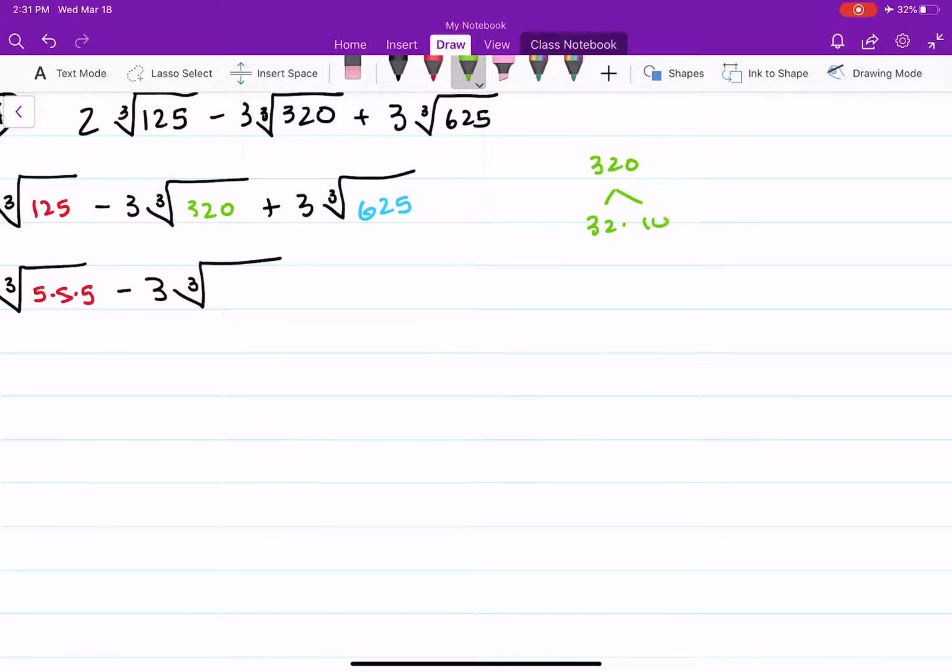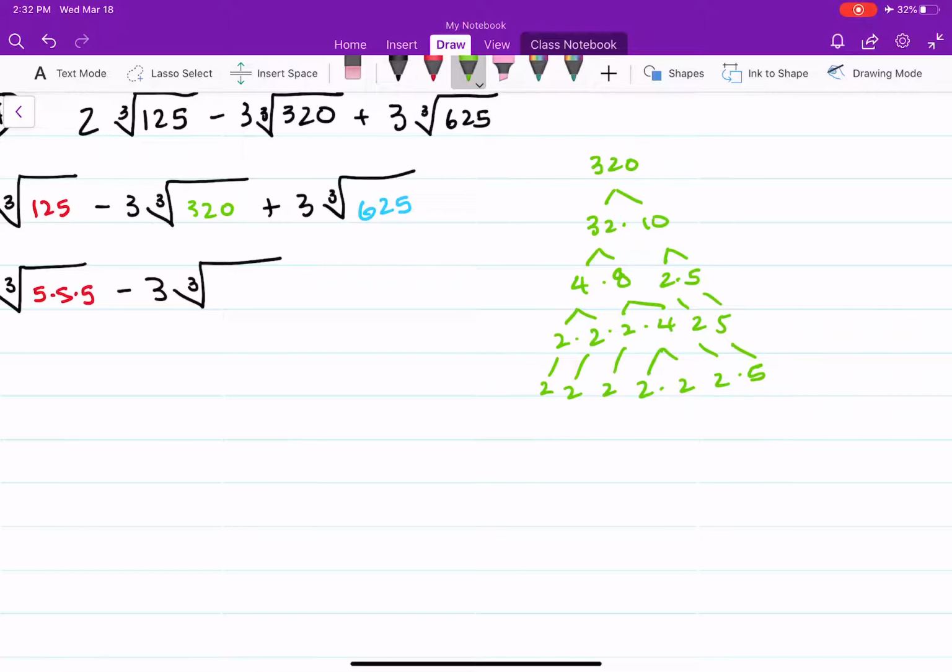32 times 10. 4 times 8. 2 times 5. 2 times 2. Times 2 times 4. Times 2 times 5. So it's going to be 2, 2, 2, 2, 2, 2, and 5.